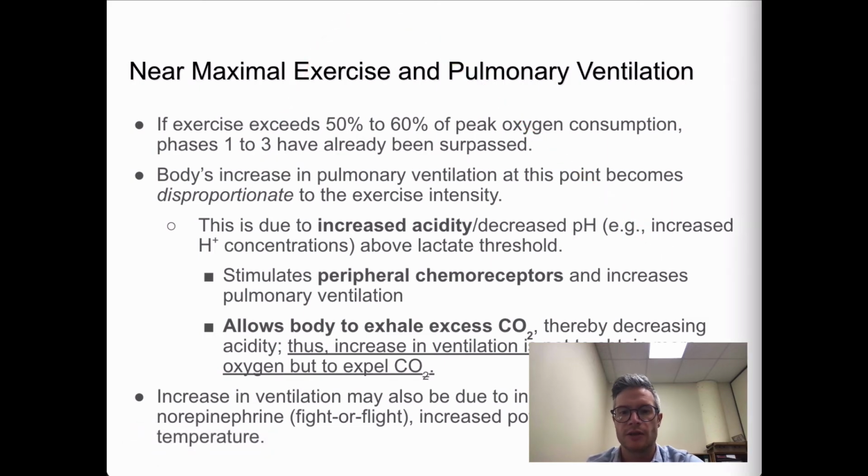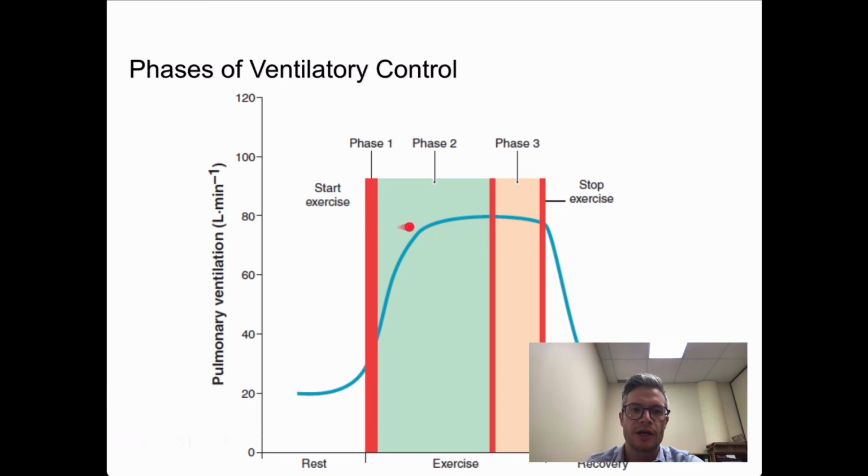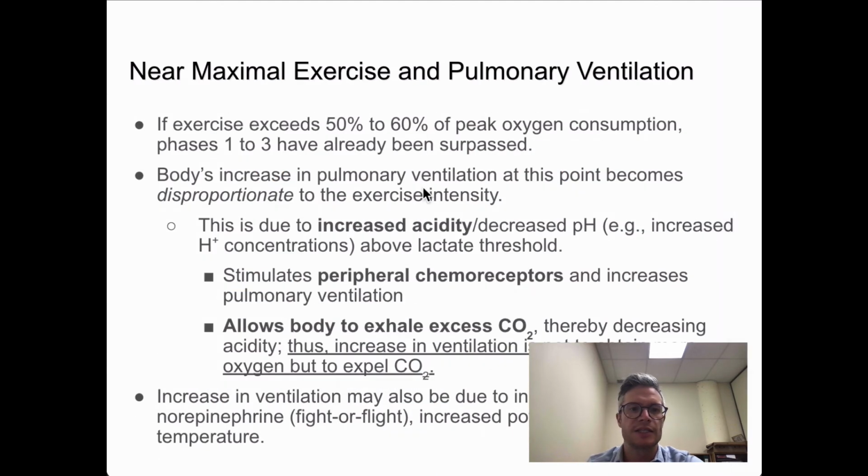Just to see that on the chart, that's here. We've reached this steady state, but we continue to increase our workload and therefore need to increase ventilation. What we'll see is a disproportionate response in our ventilatory rate.